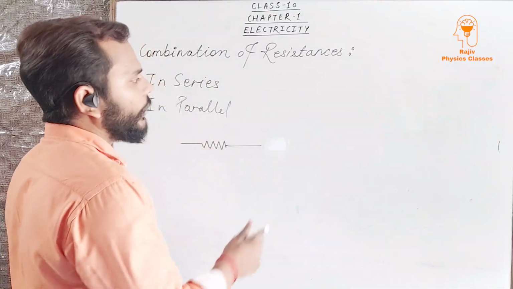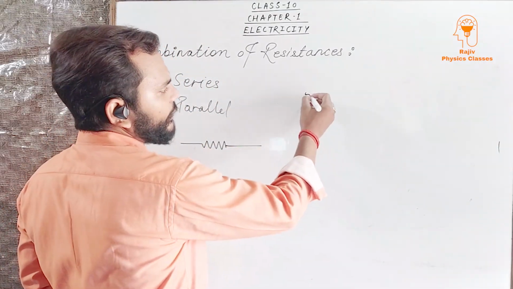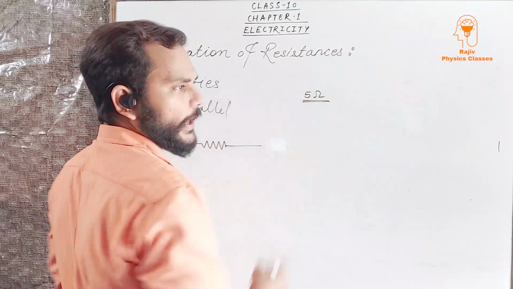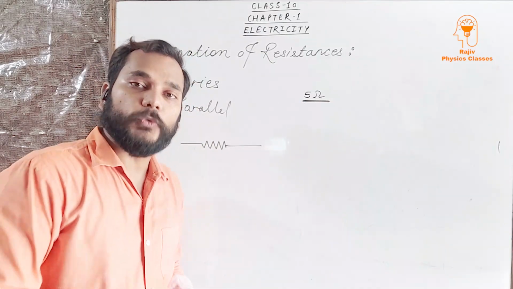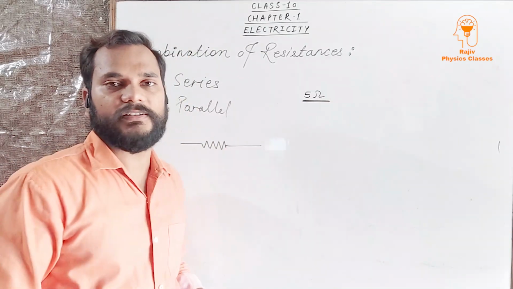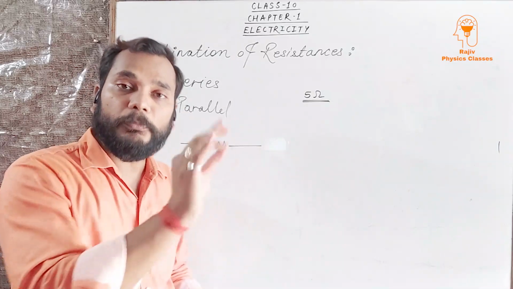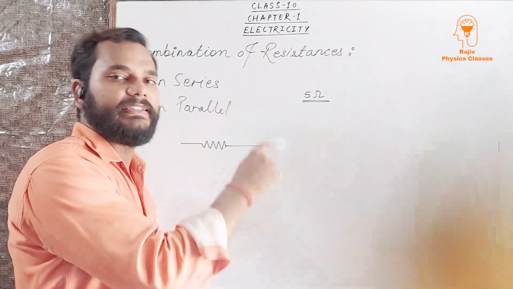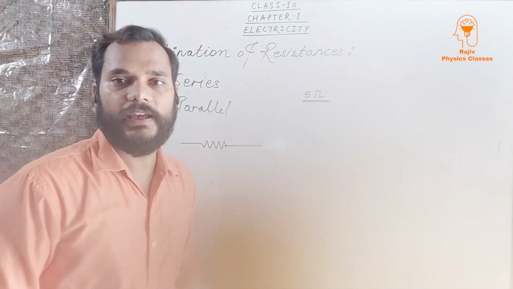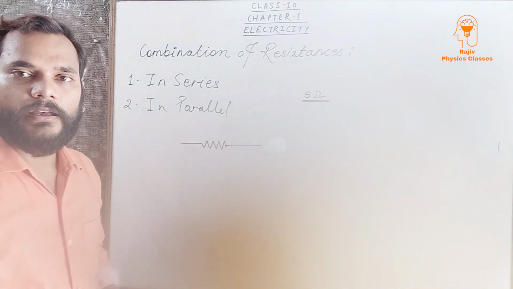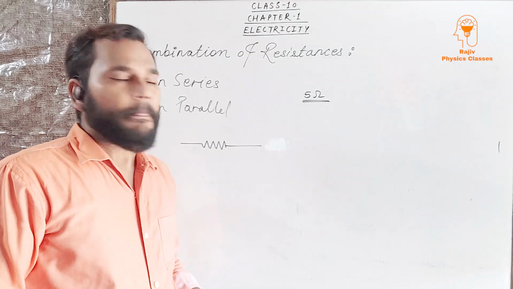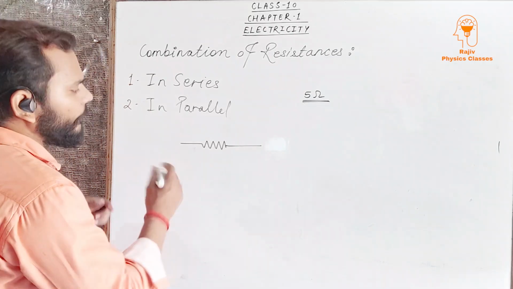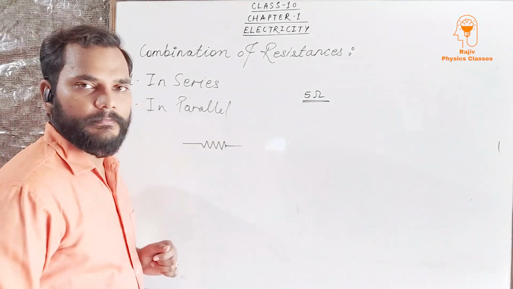For example, suppose I have a resistance value in a circuit of 5 ohm, and now I want to increase the value of this resistance, so I must connect the appropriate value of resistance in series. Series combination means end-to-end connection.